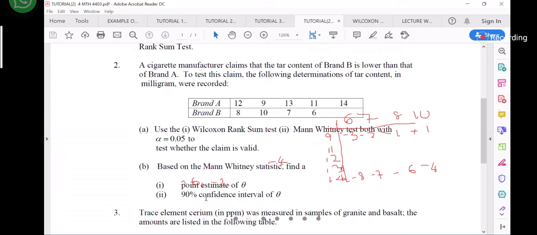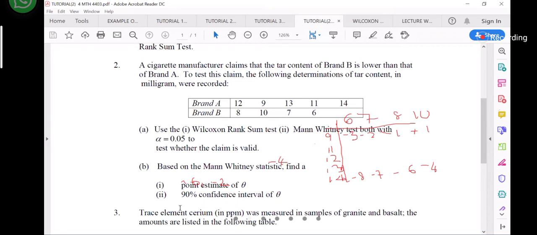And for the confidence interval, if I don't mention, like here, the 90% confidence interval of theta, theta can be the difference MA minus MB or MB minus MA. That doesn't matter.